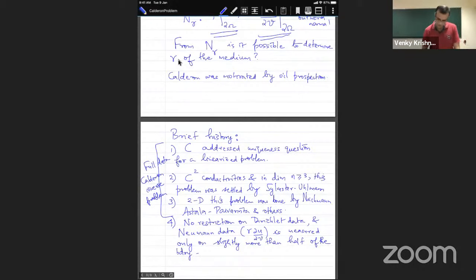Okay, so this was done by Bukhgeim and Uhlmann, I believe in 2000. I don't quite remember the year. This was the first time, to the best of my knowledge, that they actually used Carleman estimates in solving elliptic inverse problems.